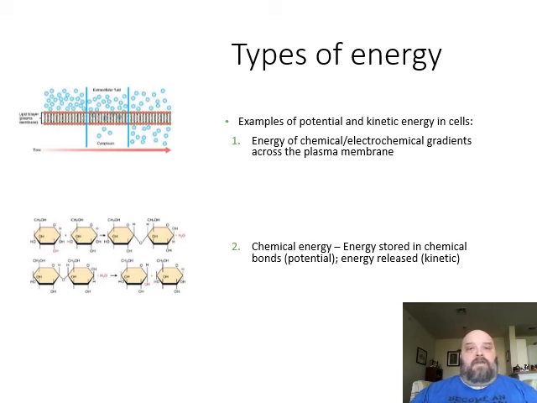As electrons and hydrogens flow across the membrane through channels, it's going to allow kinetic energy to be turned into number two, the one at the bottom here: chemical energy, chemical energy in the bonds. It takes energy to make the covalent bond, thus when you break it, you get some of that energy back.